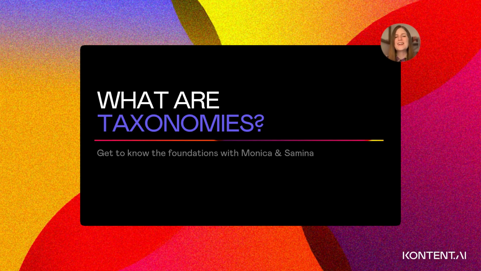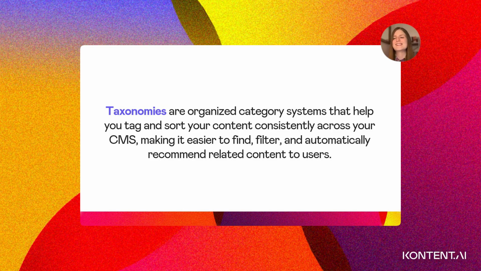First and foremost, what are taxonomies even? You've probably heard this term in your science class maybe, but there are other places where taxonomies can be useful. From a basic level, taxonomies are organized category systems. They can help you tag and sort your content consistently across your CMS, making it easier to find, filter, and even automatically recommend related content to users.